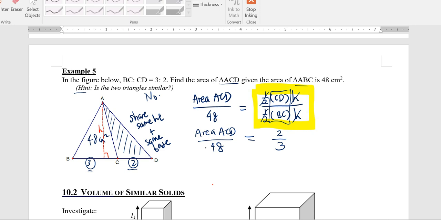So therefore, the area ratio of ABC to ACD is basically just the ratio of the base of the two triangles. So now to find area of ACD, I can multiply both sides by 48 and simplify to get, therefore, the overall area of ACD to be 32 cm squared.